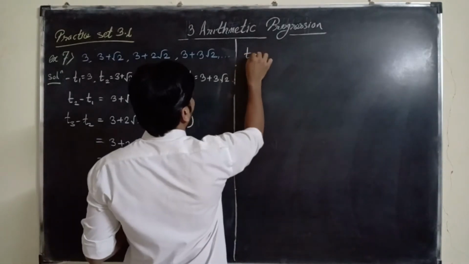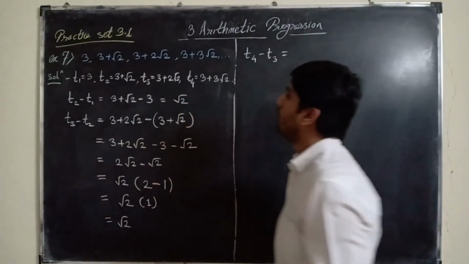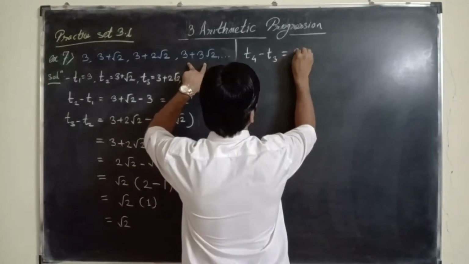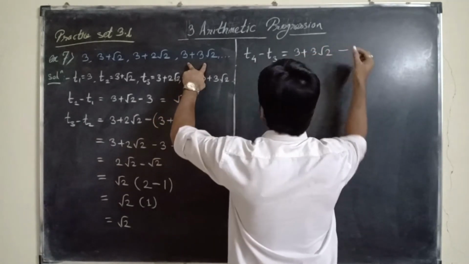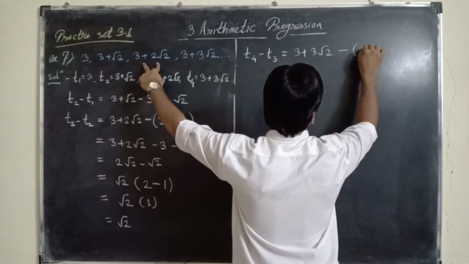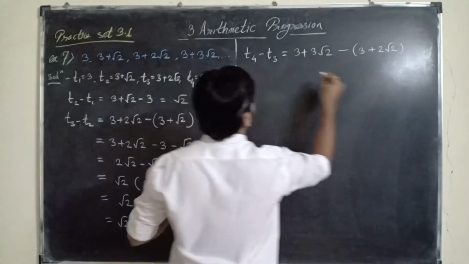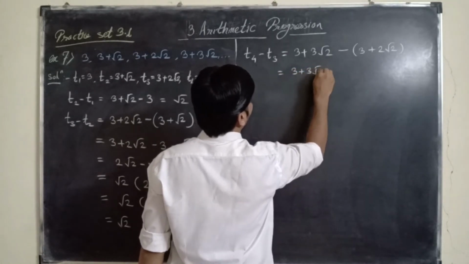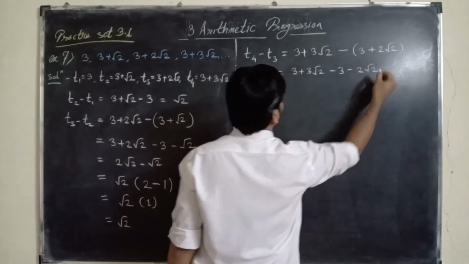Now we will find T4 minus T3, which is equal to, here the fourth term is 3 plus 3 root 2 minus the third term 3 plus 2 root 2, which is equal to 3 plus 3 root 2 minus 3 minus 2 root 2.